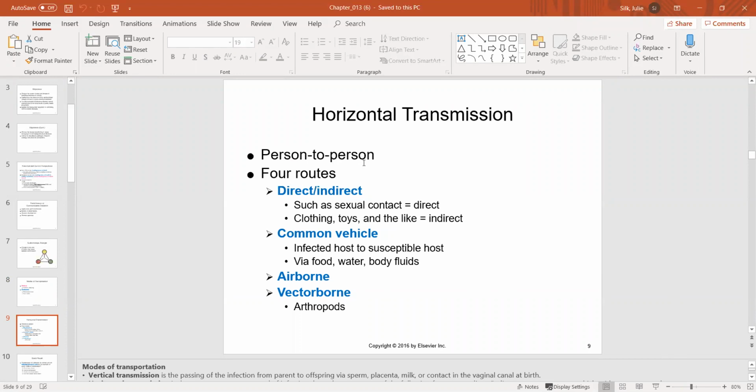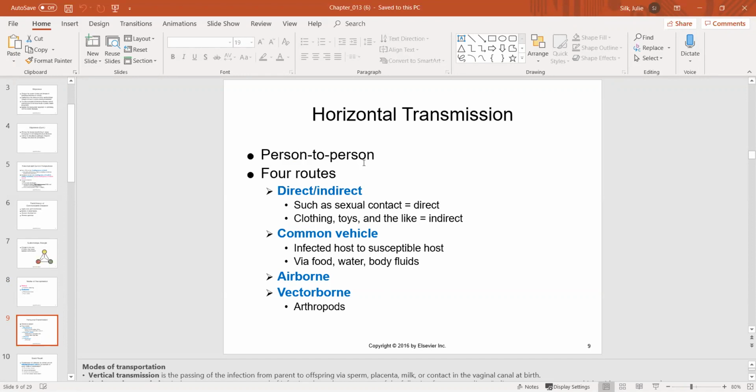You get it through contact because people don't realize that they touch their mouth or their face or their eyes so much, and then they spread it to other people because they may have it in those types of fluids. All right, so there's 4 routes. We have direct and indirect contact, such as through sex, that would be direct. And then indirect would be through objects like clothing, toys, and things like that that you might touch indirectly.